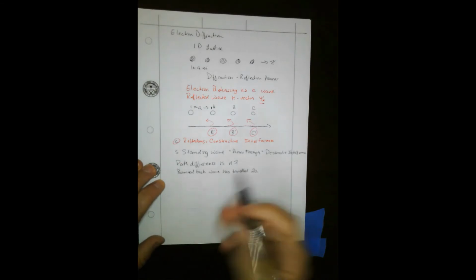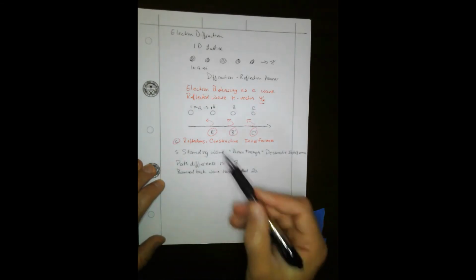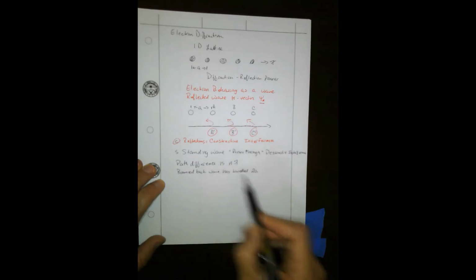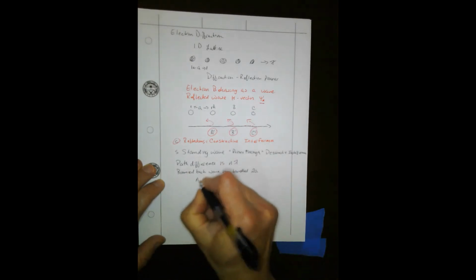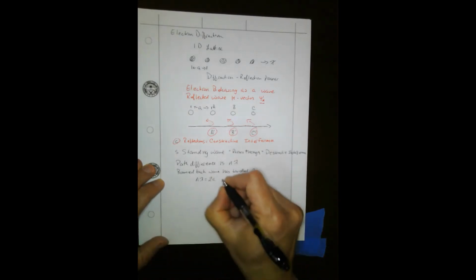This path difference is really the difference when it's bounced back. So we can equate this path difference n lambda to 2a. N lambda equals 2a. And the big deal here is this is for constructive interference.